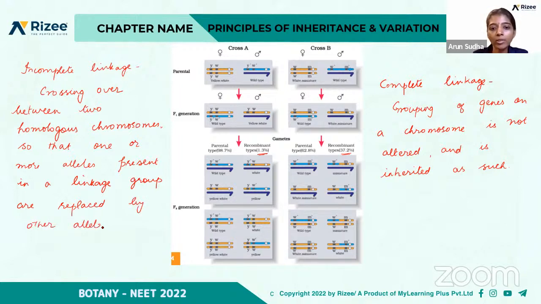Okay, so is it clear? So this is called incomplete linkage and this is complete linkage.